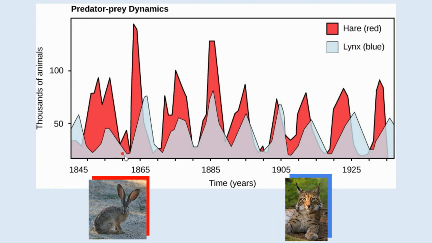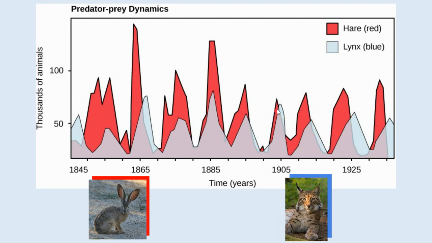And then if there's no lynx, that hare population will skyrocket, and then so will the lynx population. And as the lynx population hits its high point, the hare population is going to crash. And you can see how these are offset through here. It's not a perfect cycle because there are other factors involved here.